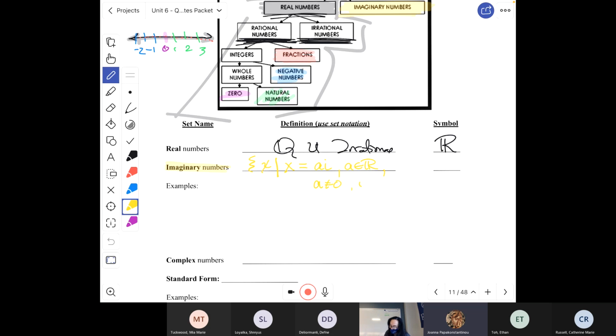But most importantly, i is equal to the square root of -1.